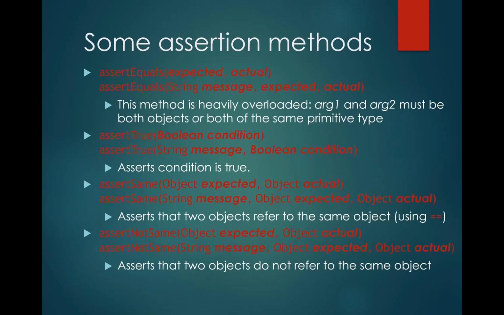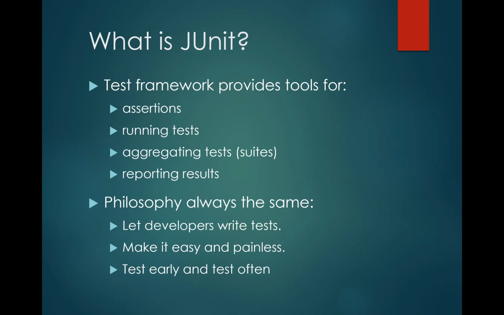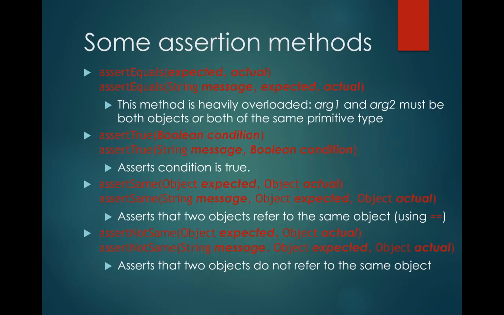You could also add in there, if you can do it, test automatically too. But anyway, some methods: assert equals. You can have the expected and the actual. You can also have a string message that appears along with that. I never did do anything with that, but you can.